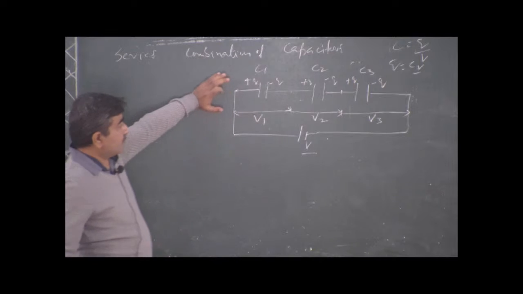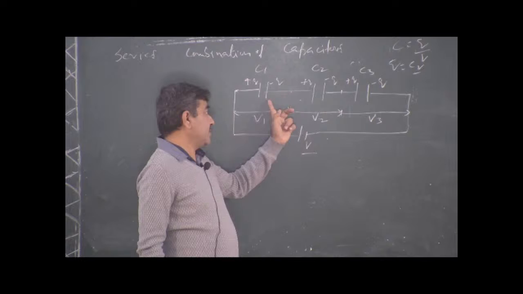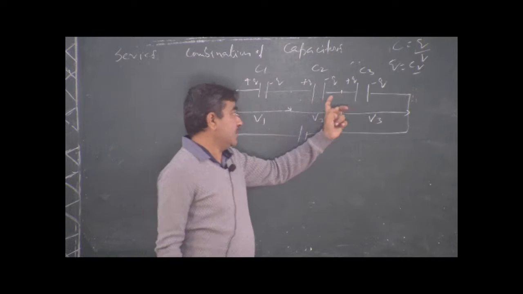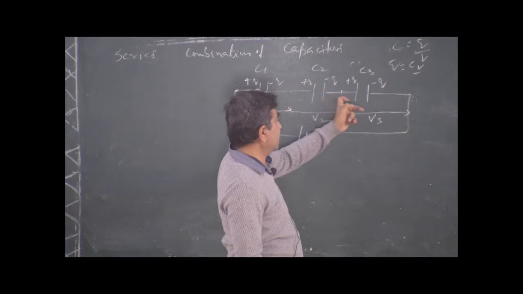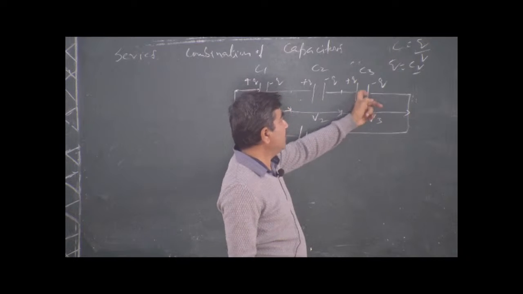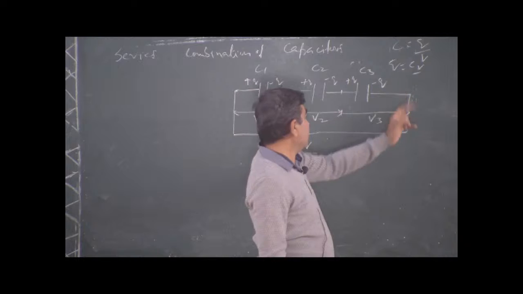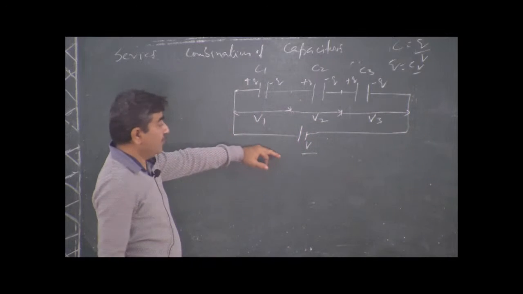The capacitors are said to be connected in series if the last end of the first capacitor is connected to the first end of the second capacitor, then the second end of the second capacitor is connected to the first end of the third capacitor, and finally the end points are connected to the supply of V volts.